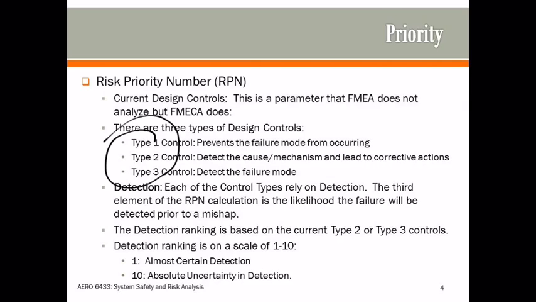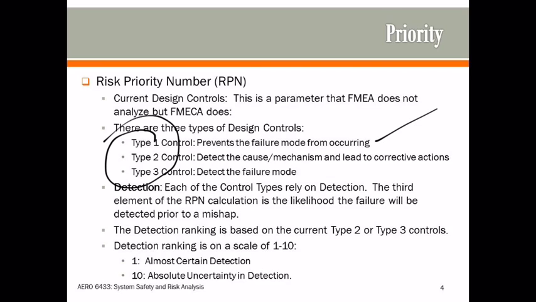They will sound similar, but please do not confuse these with the hazard mitigation order of precedence. We drilled into the hazard mitigation order of precedence earlier in this course. Keep that aside in a separate compartment. These 3 control types are associated with the risk priority number, but don't confuse the 2.